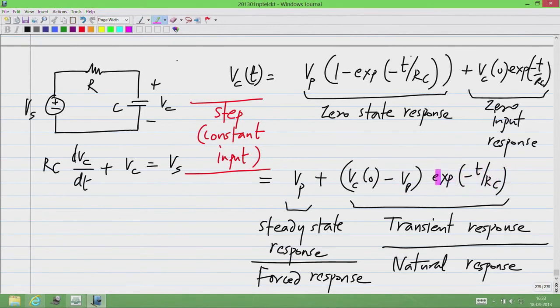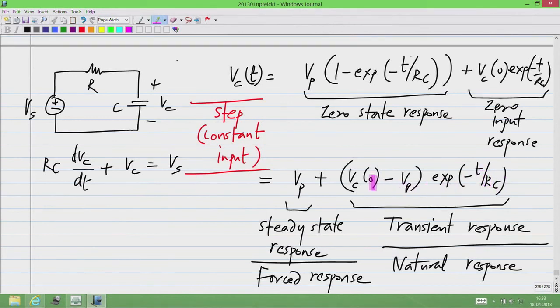This exponential is the natural response of the first order circuit. So, the part that contains this is the transient response or the natural response. Now, in a more complicated circuit, there will be what are known as natural modes of the circuit, which will be of similar form, exponential of minus t by something related to the circuit.